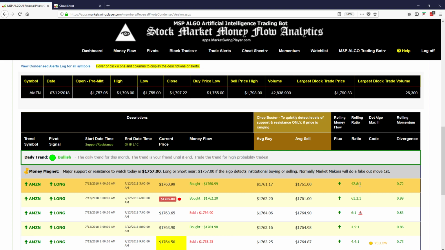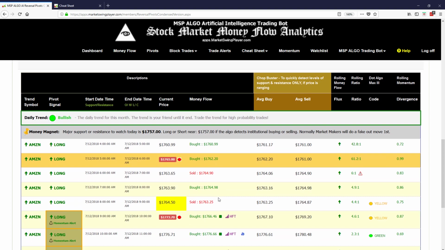In this case, 43 is going in versus out. And for the momentum, the higher the momentum for a bullish is about 80, 90. That's pretty high. So this is starting to look good right in pre-market.